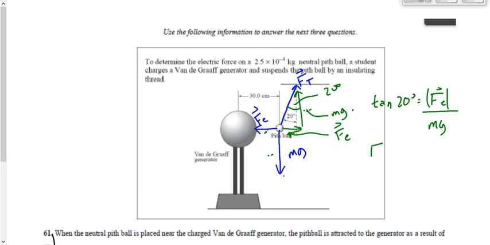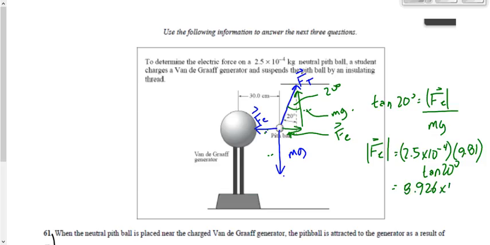Fe ends up being equal to, what's m? 2.5 times 10 to the minus 4 times 9.81 times tan 20. And I'm not sure what that actually works out to be. I get 6 times 10 to the minus 4. Anybody happen to get that?